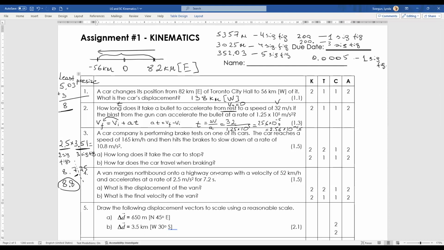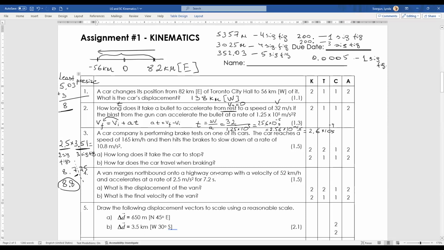So here you had speed 32 meters per second, and acceleration has 3 sig figs. We did multiplication and division, so following those rules it's better to have 2 sig figs, the smallest value. So 2.56 you can round, so it will be 2.6 multiplied by 10 to the power of negative 4 seconds.